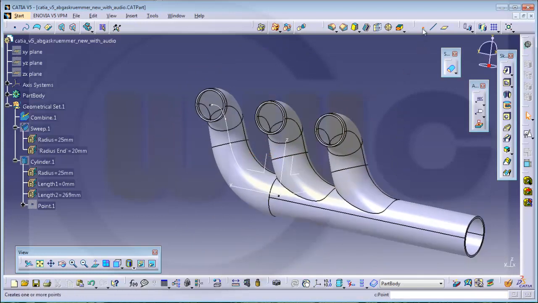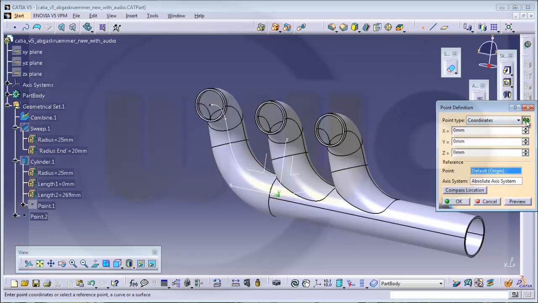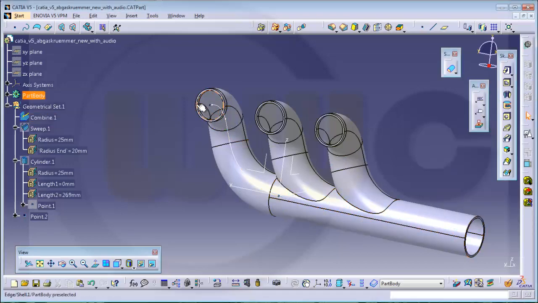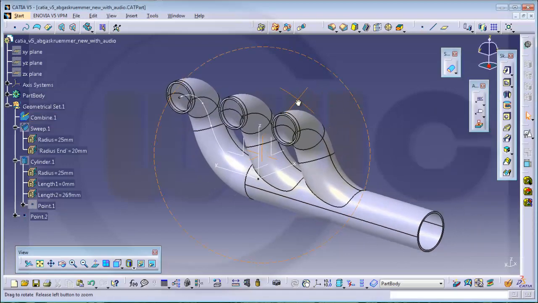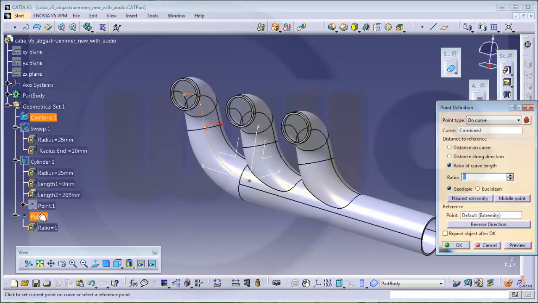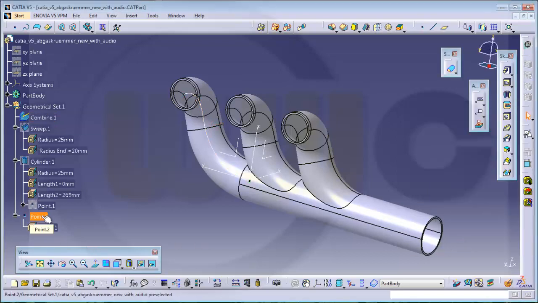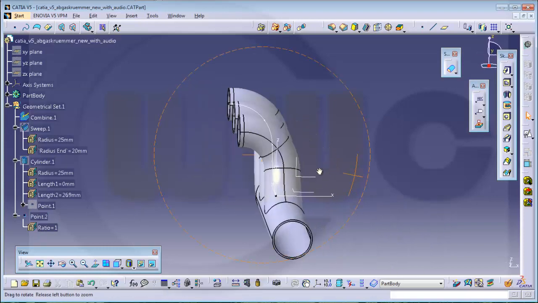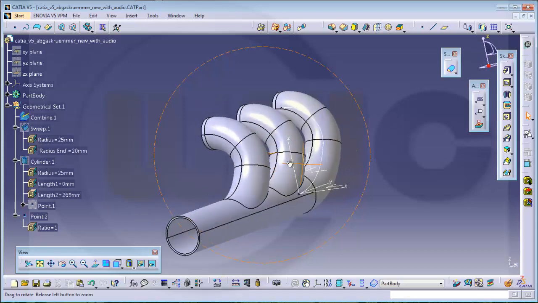Now I want to make a point on a curve on this one, and I want to have the nearest extremity on that end, and okay, I need this as a reference point later on. Yes. Nice.